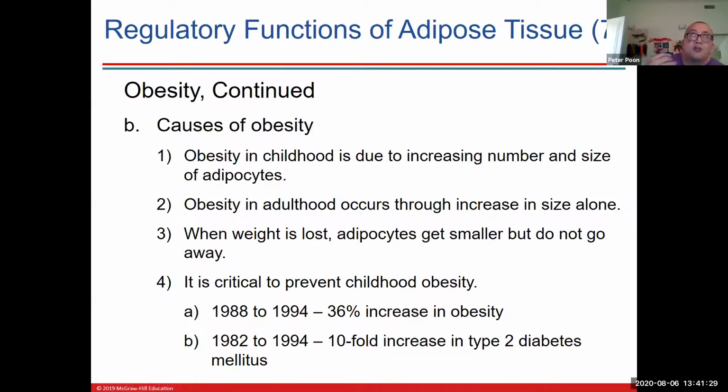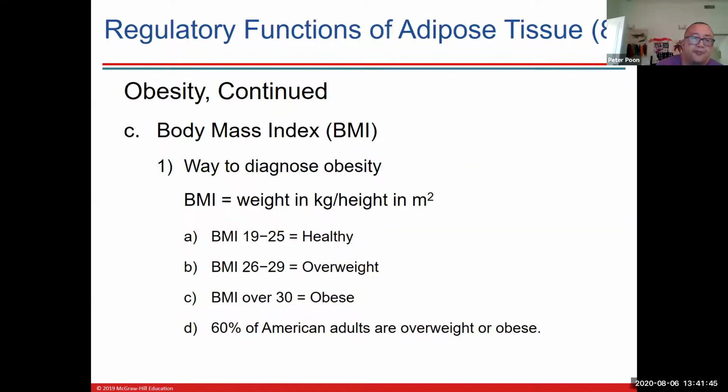Type 2 diabetes used to be called adult onset diabetes because only adults really got it. It can't be called adult onset diabetes anymore. Children are getting it.